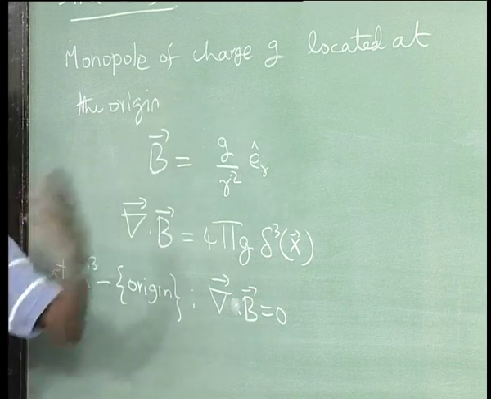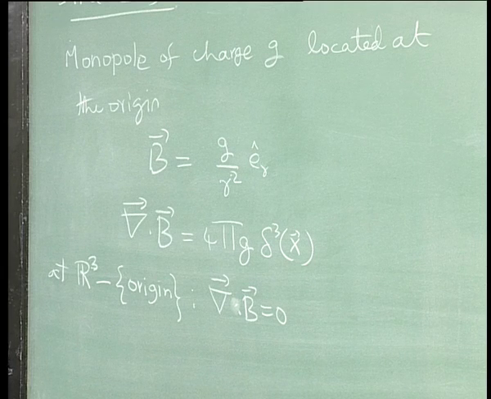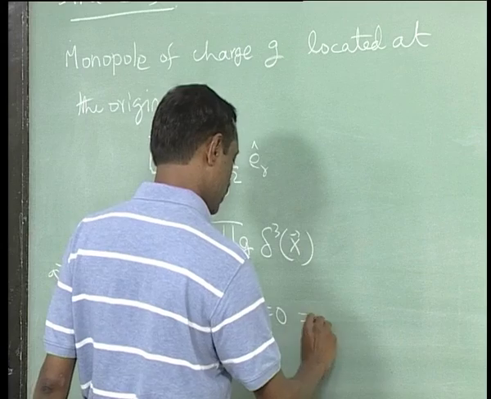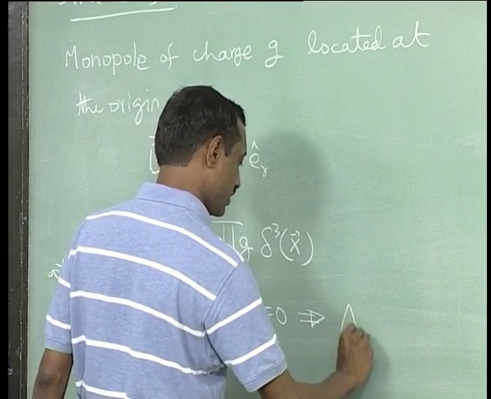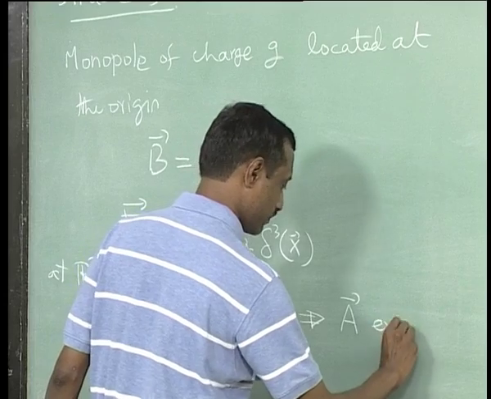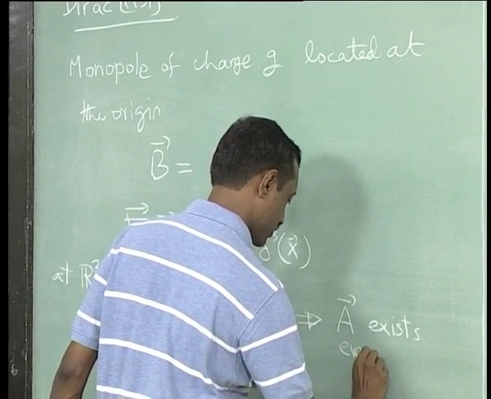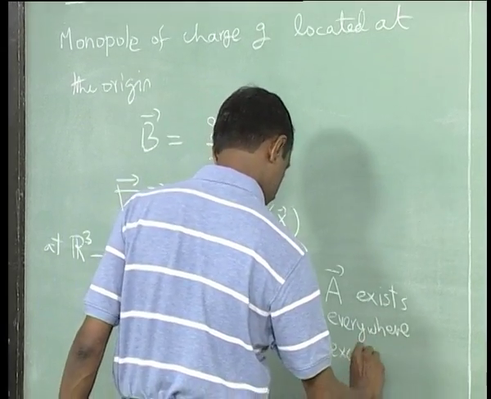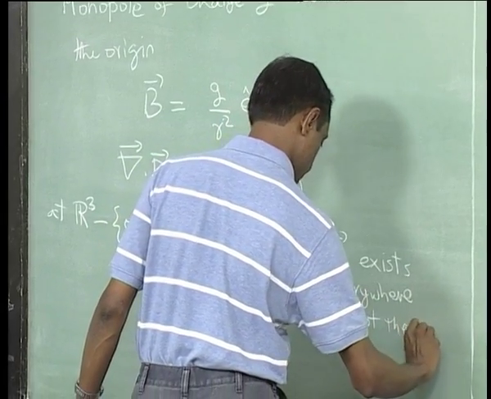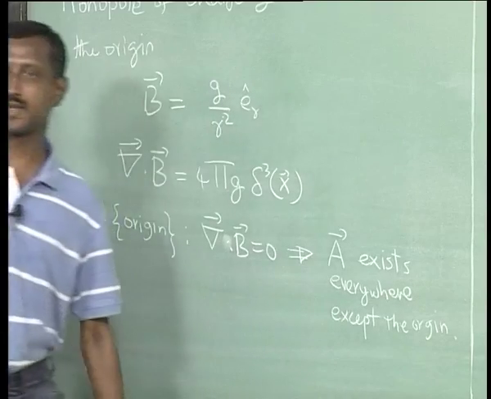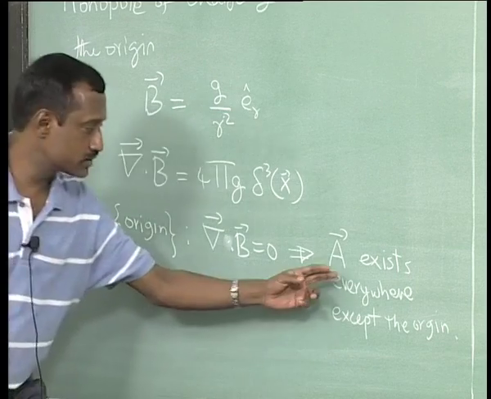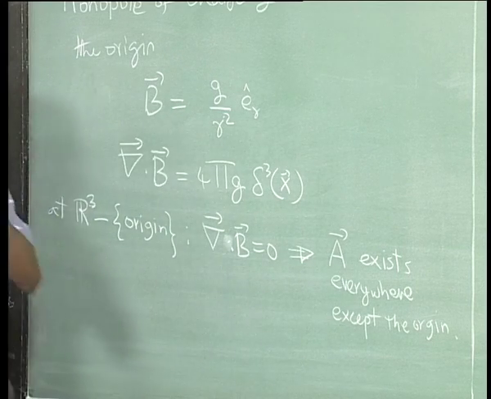We have a point charge, so at every point in space except one point, things are normal. So this naively suggests that we can write A exists everywhere except the origin. This is a naive guess, but the important point is that this guess is wrong. This cannot be true.